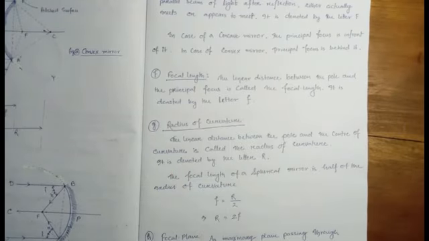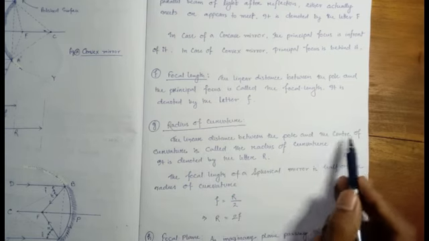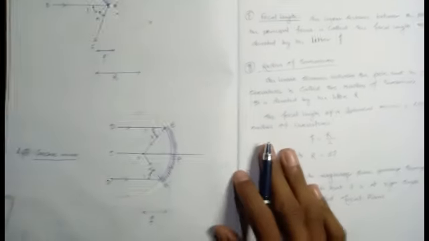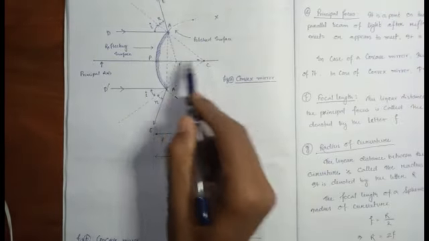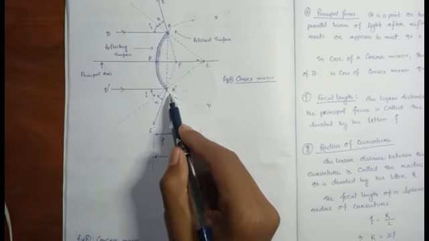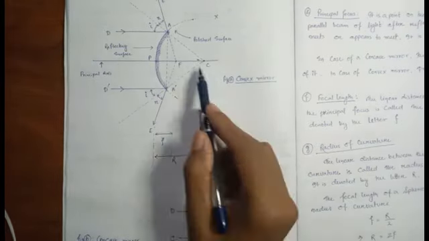Next is H number, radius of curvature. The linear distance between the pole and the center of curvature is called the radius of curvature. Okay, between the pole and center of curvature. P is your pole on the surface. This is called the midpoint of your reflecting surface. P is the pole, and C is the center of curvature.